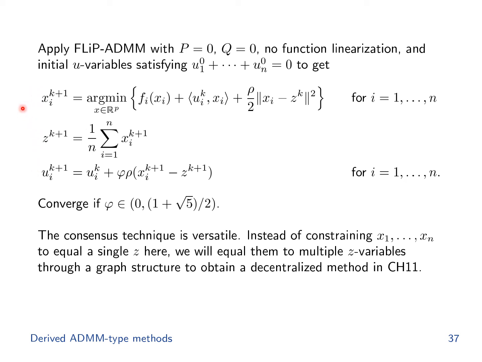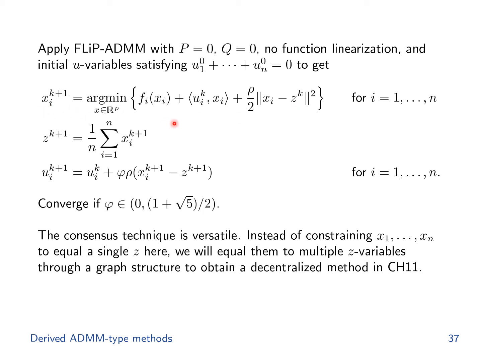Because the x_i's in the formulation are no longer directly related, they are related indirectly through the z variable. Therefore, using the last copy of the z variable, fixed, the x subproblems decouple. It decouples into independent problems where each of them involves f_i, u_i, and the common z^k.